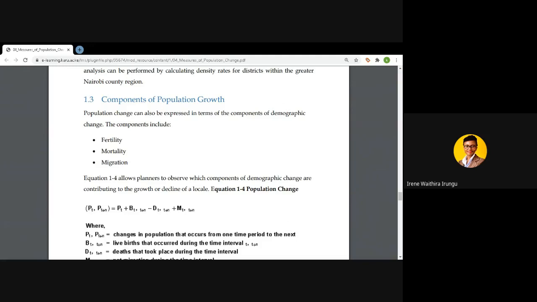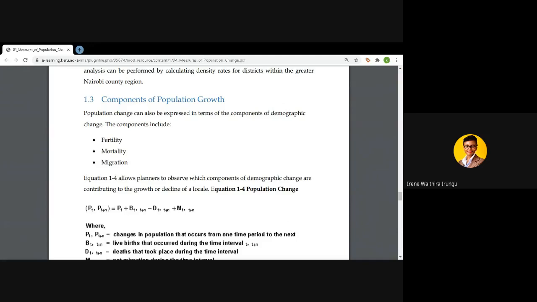And conversely, if you have a less fertile population, meaning that if your population is mostly composed of aged people who are probably already in the infertile ages, then your birth rate will also be low. Mortality is associated with death.